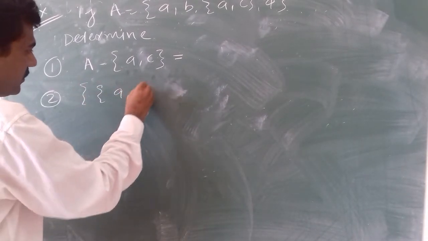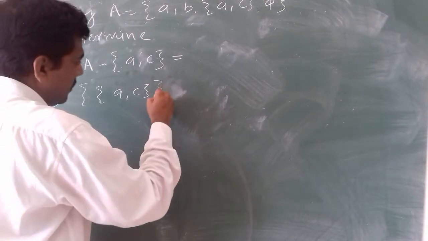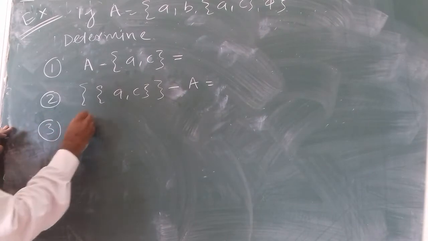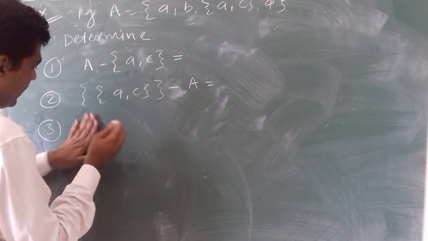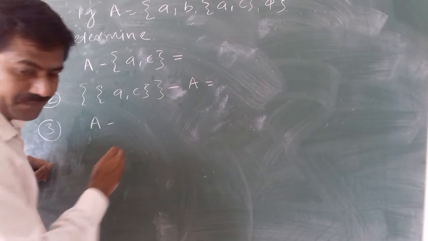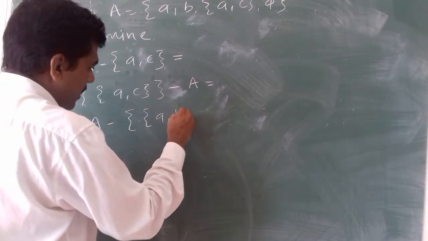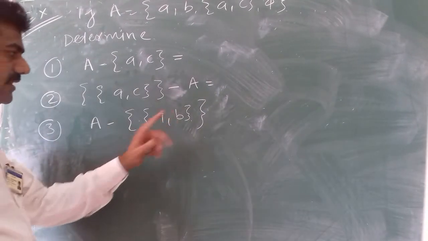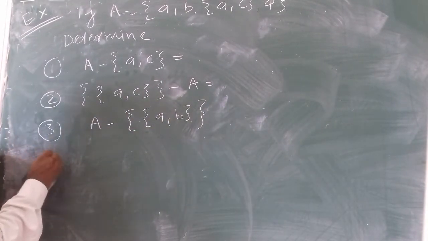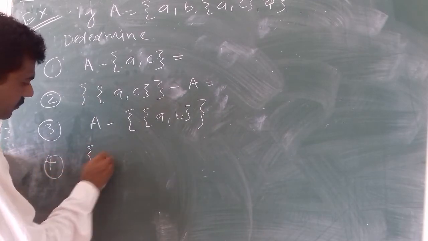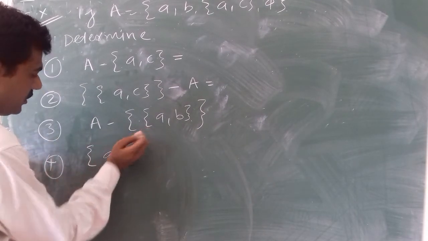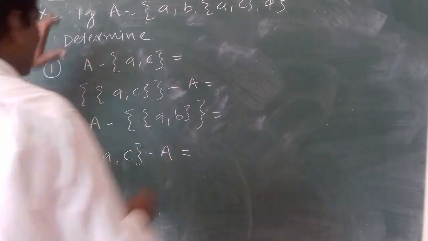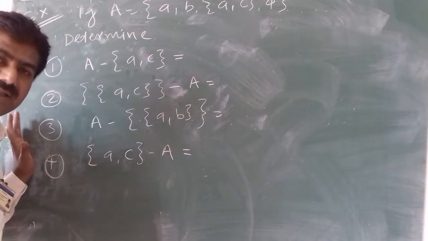Second is the set containing A comma C, minus A. Third statement, the set A minus a set which contains the elements as in set A minus A comma B. Fourth one, A comma C minus B. Okay. So the question is that a set is provided and we need to determine these four.